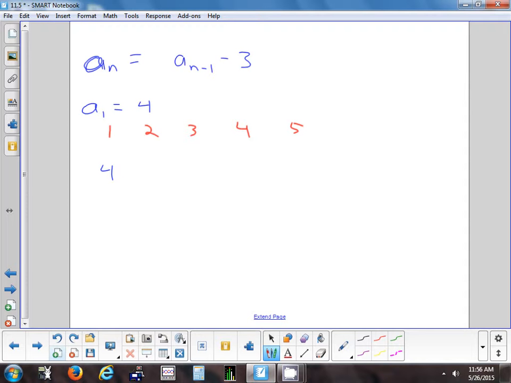So first term is still 4. Second term now would be, subtract 3, you get 1. Negative 2, negative 5, negative 8.